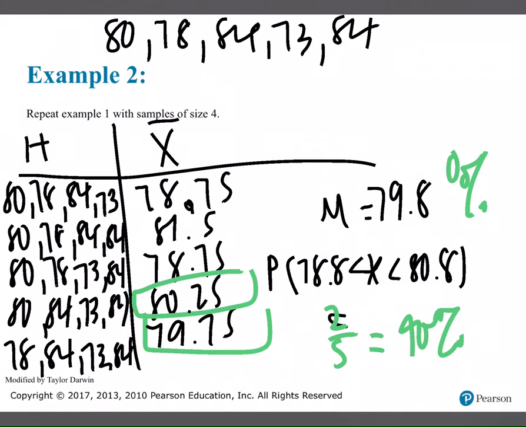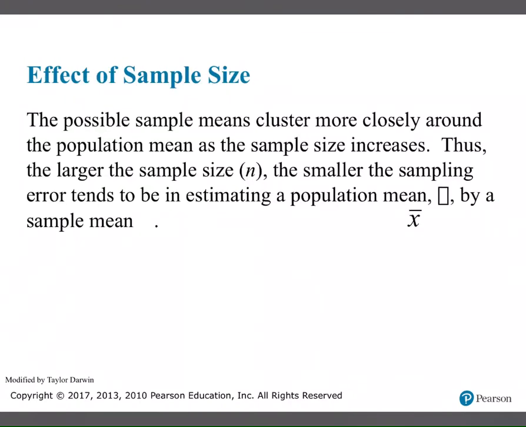So the larger the sample size, it looks like, the closer we get to the actual mean. So we just proved it with a somewhat simple example with a small population size, only 5 basketball players on the whole team, right? But still, the larger the sample size, the closer we get to the mean. So that is the effect of sample size.